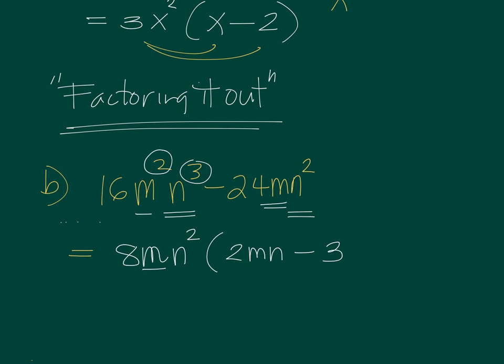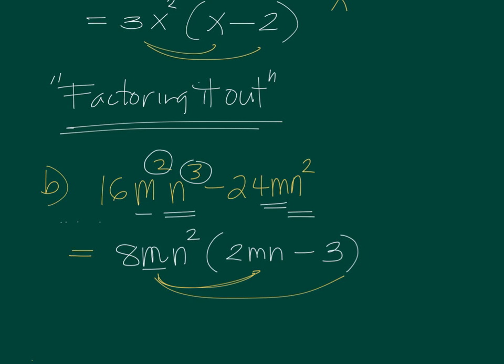N squared by n squared is also 1, so you only have minus 3. Again, to be sure if you have factored it correctly, simply multiply, distribute, and if you get the same expression as the given, then your factoring is correct. So that's 16m squared n cubed, that's correct. And then this is minus 24mn squared.